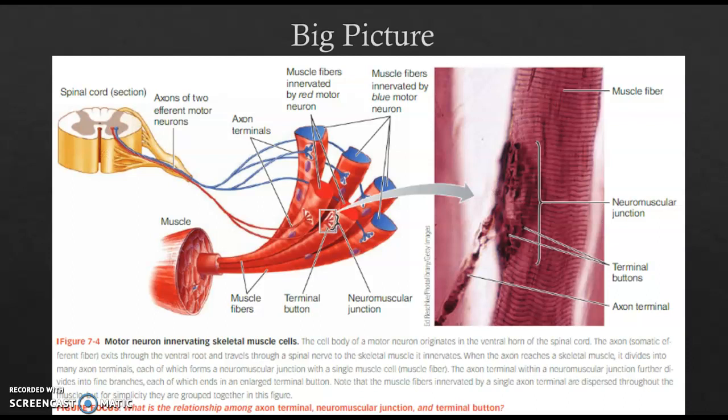So on that big picture scale, like I said, we have the spinal cord up here. We had our afferent and efferent neurons. Our afferent or sensory neurons are what are going to sense our stimulus and take it to the spinal cord. And then our efferent neurons are our motor neurons. They're what's going to actually take that nerve impulse back to the muscle, and then meet that neuromuscular junction.